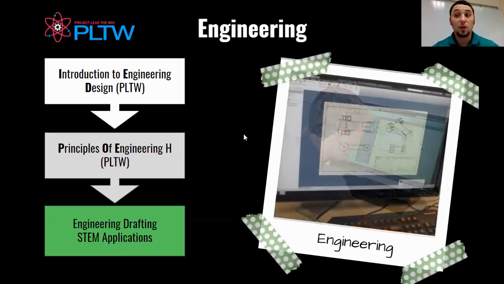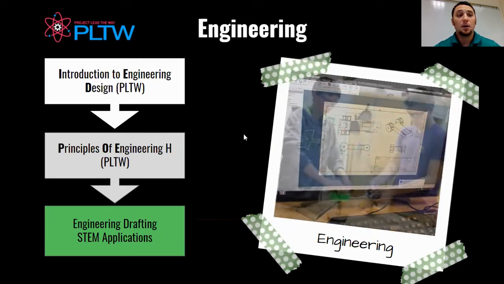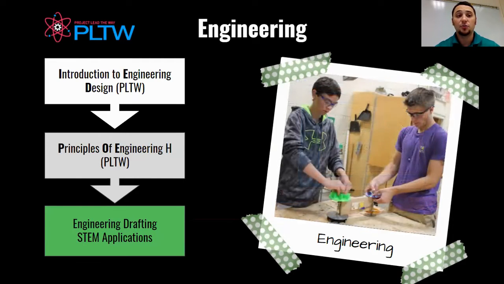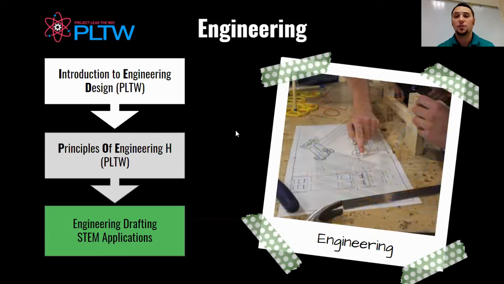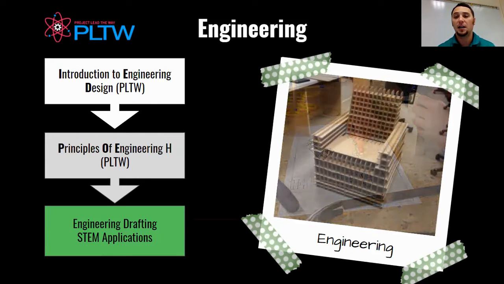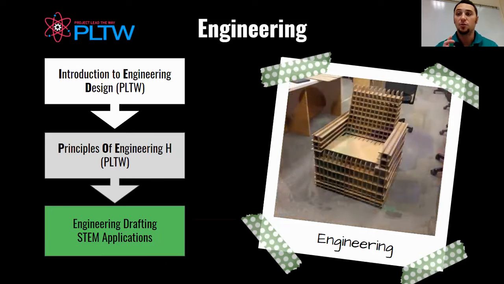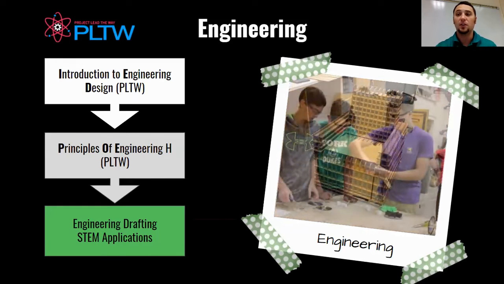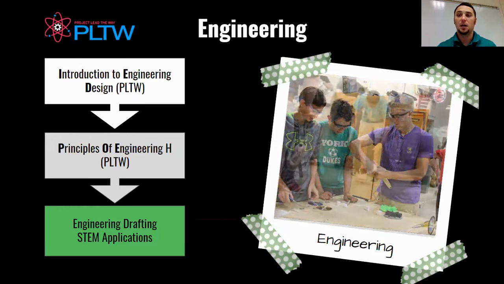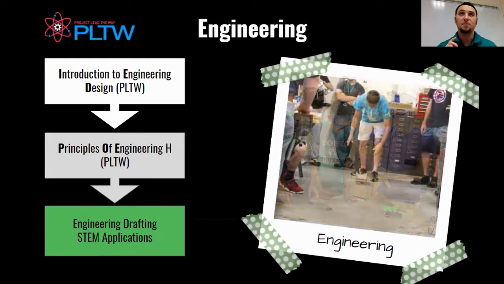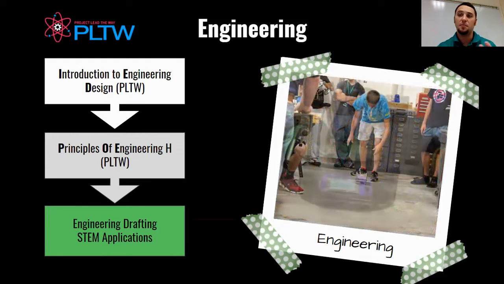In our engineering courses, we offer PLTW. Our IED, or Introduction to Engineering course, is your first intro class. That is a full year course, and here you're going to be learning how to 3D model using 3D printers. We have a laser cutter. We're going to be building all these hands-on cool projects, like towers, catapults, cars, and mousetrap cars.